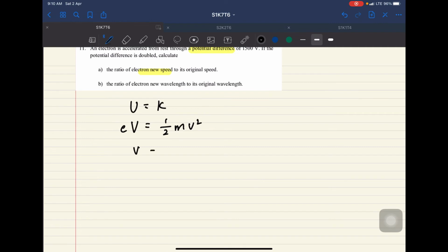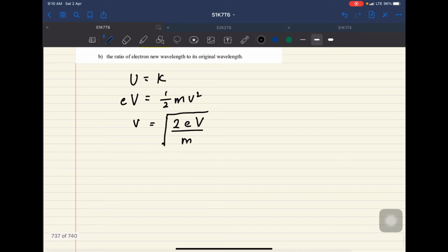So v is equal to 2eV over m, all under a square root, since if I bring the square to the other side, it becomes square root. So this is the original velocity. The new velocity has double the potential, so V, I can write as 2V.